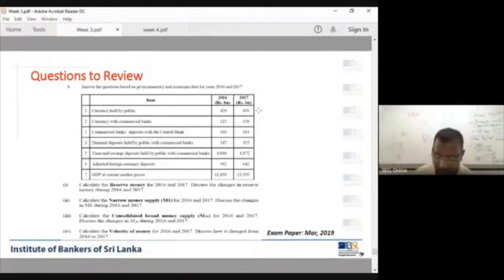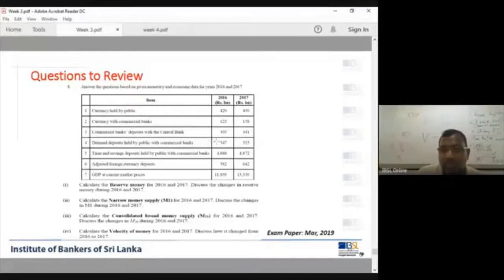So that is helpful. If you have done the second part, narrow money, does anyone have it? Since we only have 15 minutes, I'll go with the answers. That will be ideal at this stage. How do you calculate narrow money? The definition of narrow money is currency held by public plus demand deposits held by public with the commercial bank.